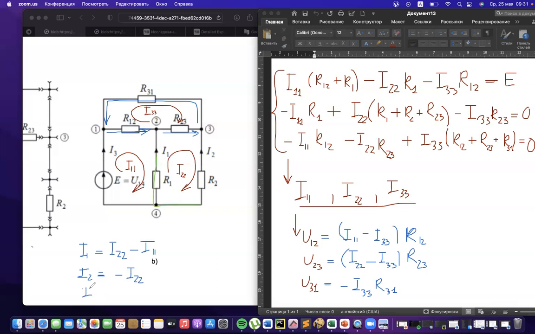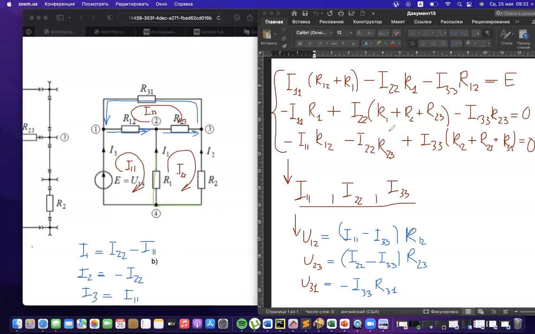And the last one, current I3 as value I11. Here it is. Here is the solution, how to obtain the numbers in the first row of table.